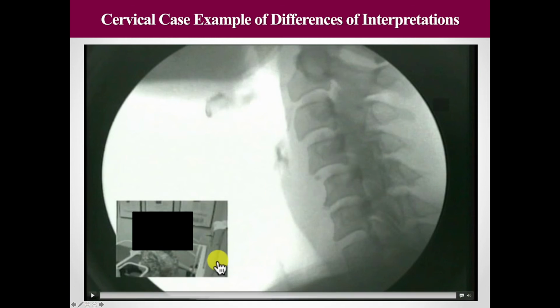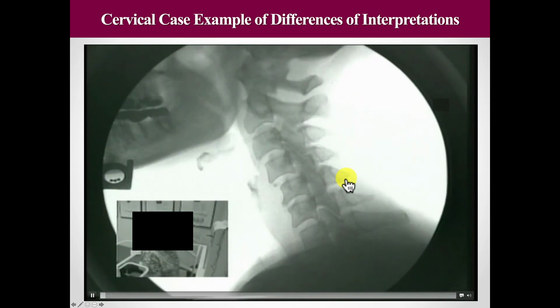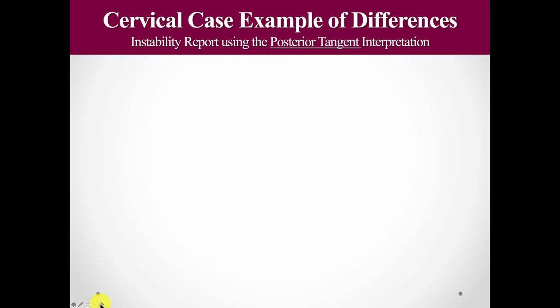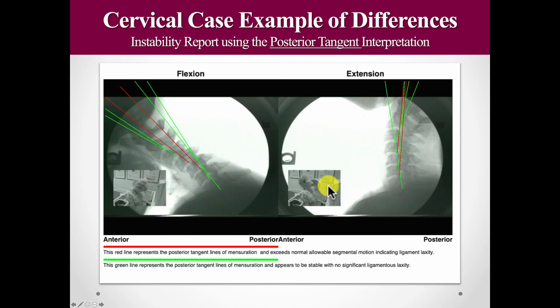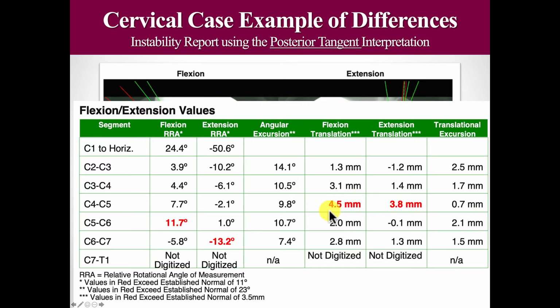So what the guides do is a little interesting, right? Using the posterior tangent method, we're going to measure that. And we're going to say, hey, 4.5 millimeters forward, in extension it reduces a little bit to 3.8 millimeters. That's a problem. That's something we should quantify.